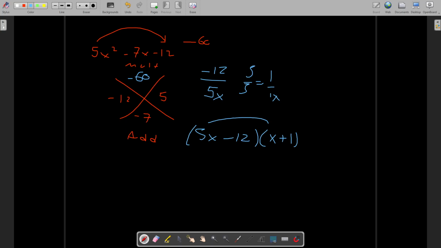So 5x times x is 5x squared. 5x times 1 is plus 5x, and then x times negative 12 is minus 12x, and then negative 12 times 1 is minus 12. So we get 5x squared, and then we know that 5 minus 12 is negative 7, so minus 7x, and then minus 12. And that's what we have up here.